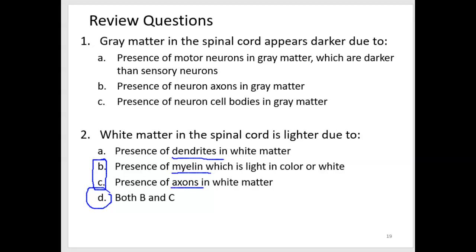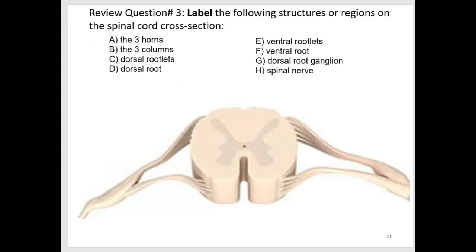Okay, and here's an exercise that I'd like you to go through. Question number 3. It's a good way to review what you need to know about the spinal cord anatomically. So I've asked you to use this picture to label the 3 horns, the 3 different columns, the dorsal rootlets, the dorsal root, the ventral rootlets, and the ventral root.